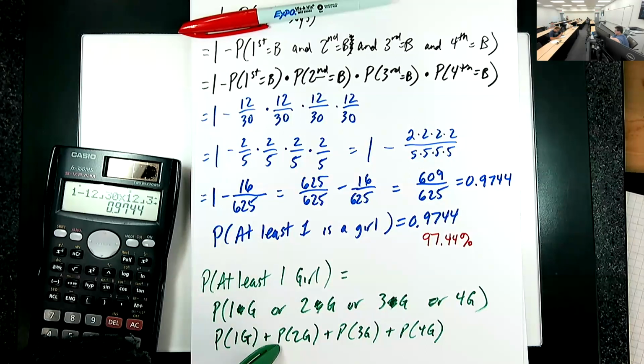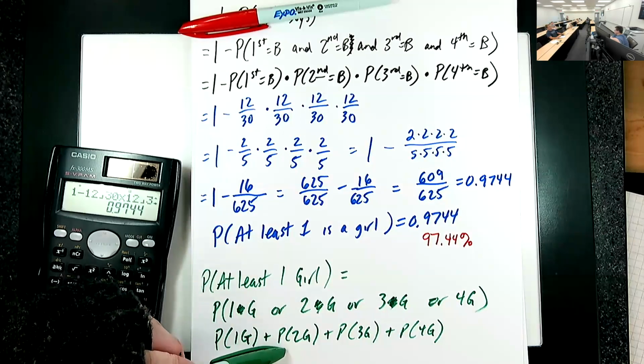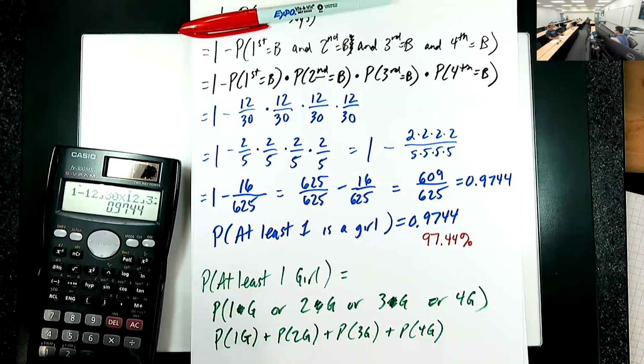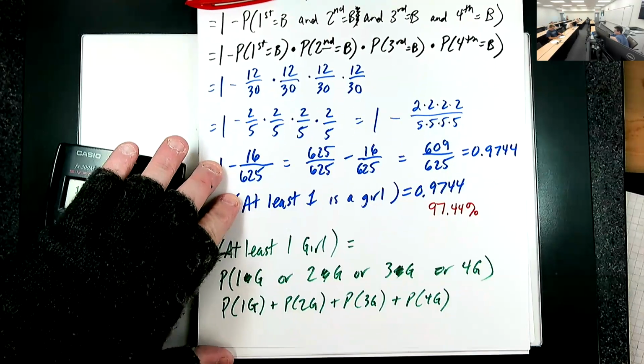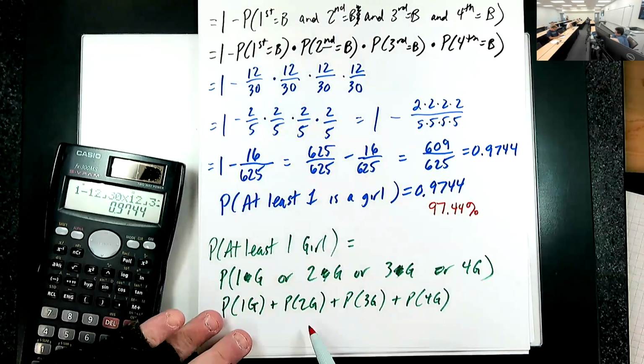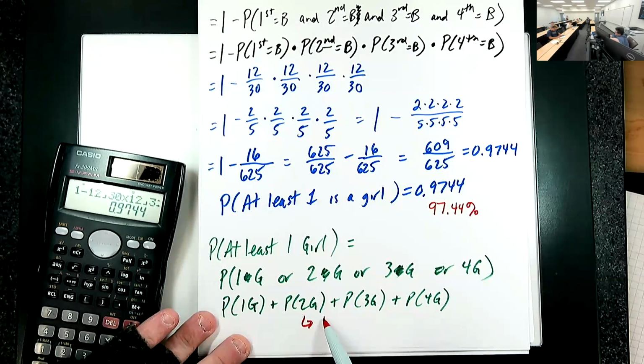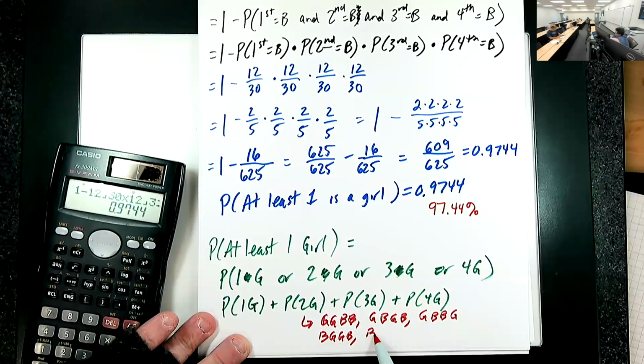You guys remember when we did the 2 girls one? We wrote out the list of the different options. Just the 2 girls alone, we could have done girl, girl, boy, boy; girl, boy, girl, boy; girl, boy, boy, girl; boy, girl, girl, boy; boy, girl, boy, girl; or boy, boy, girl, girl.